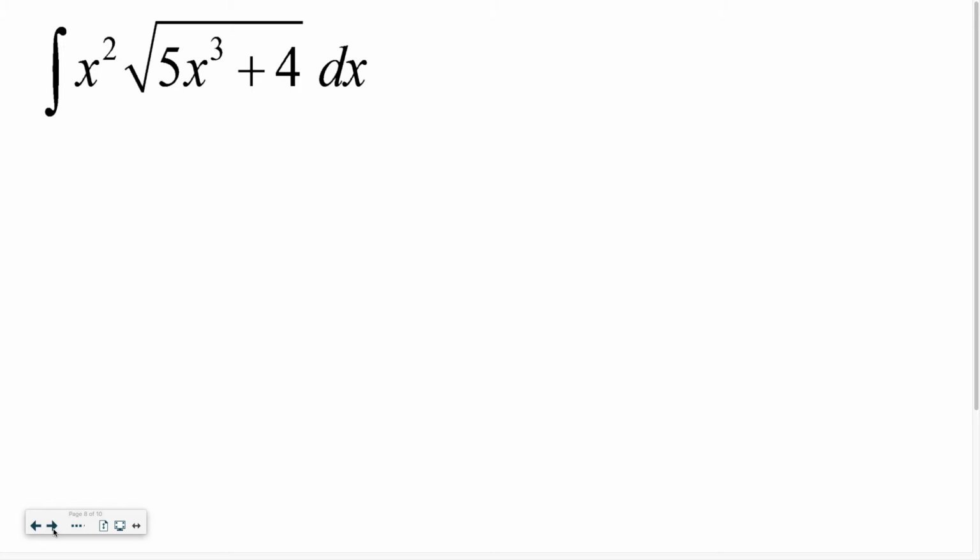And something I notice about this problem, okay, first of all, we do have a composition that's multiplied to another function. Inside, I have a cubic, right? Outside, we have an x squared.